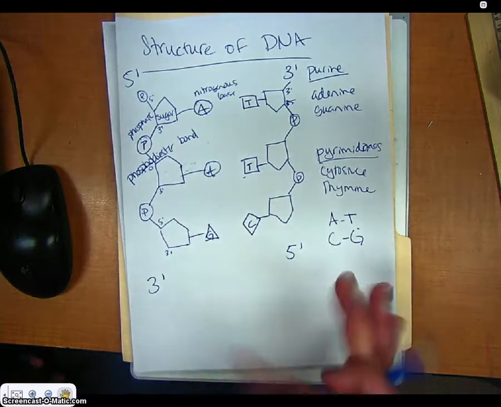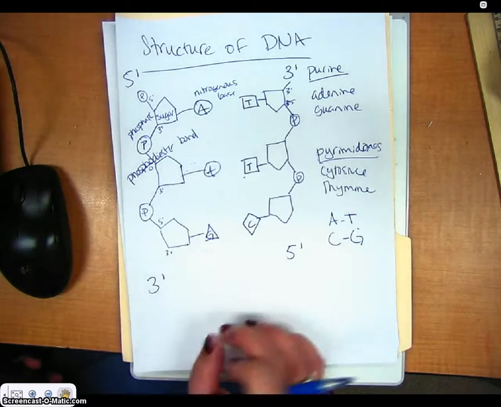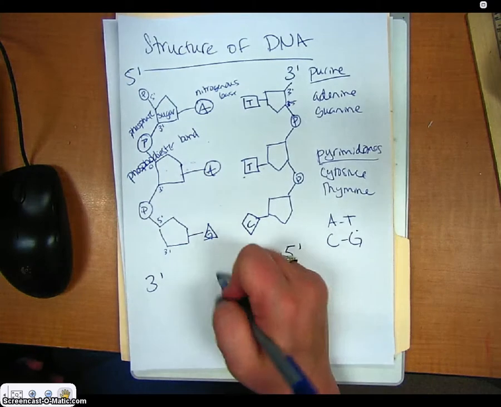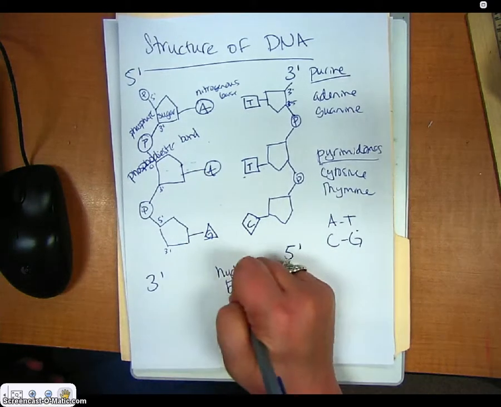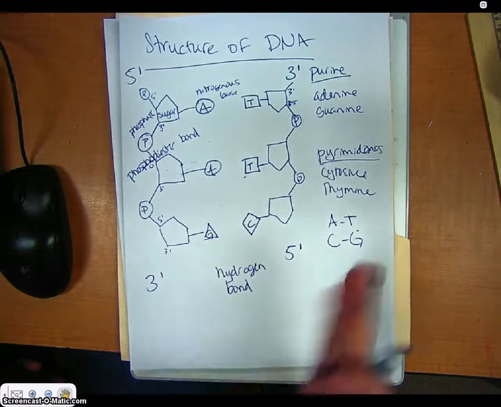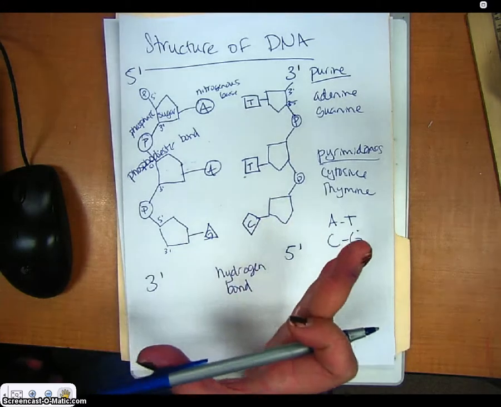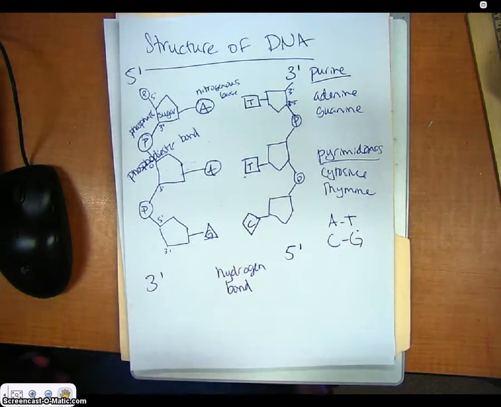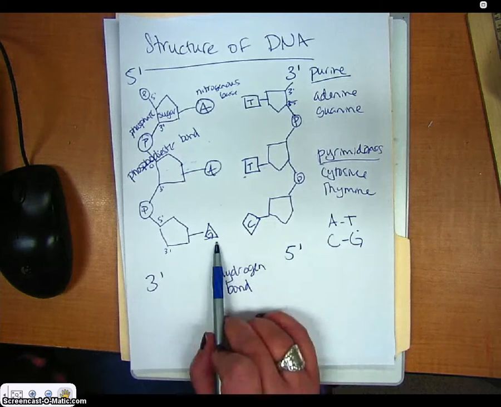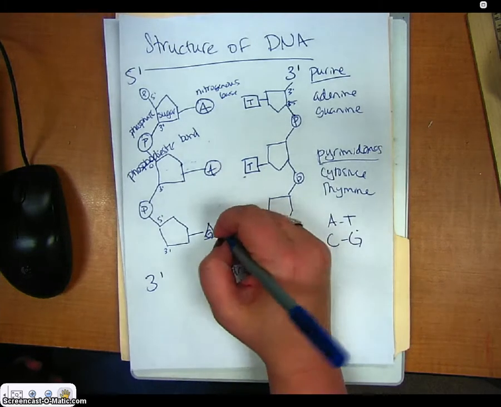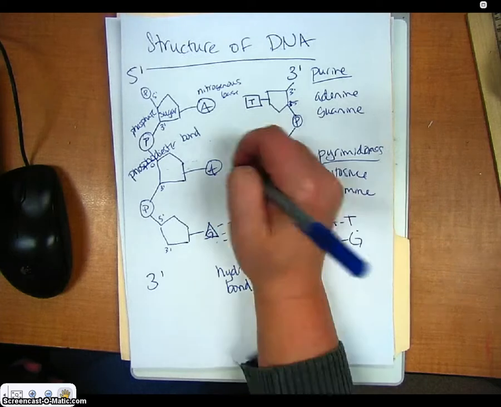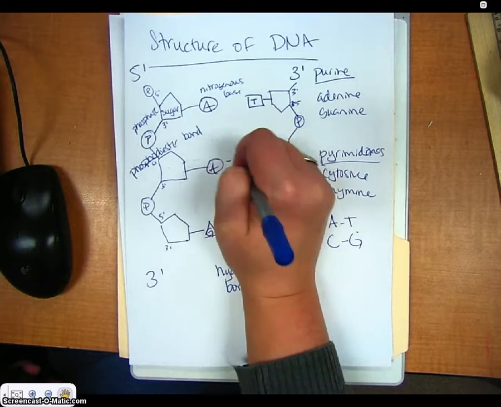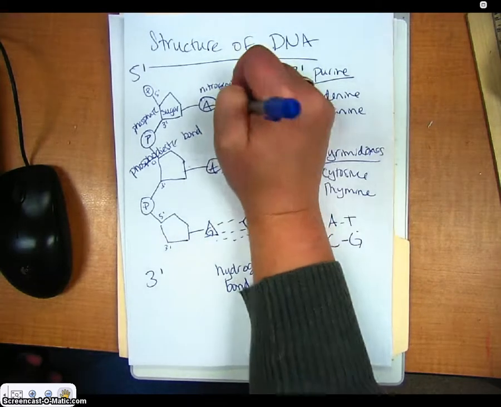Now, they are complementary base pairing, and they are attracted to one another by a weak bond called a hydrogen bond that is easy to break, which is why we can open up the DNA and make copies of it or express genes. And in between the G and C's, there's actually 3 hydrogen bonds, and in between the A's and T's, there are 2 hydrogen bonds.